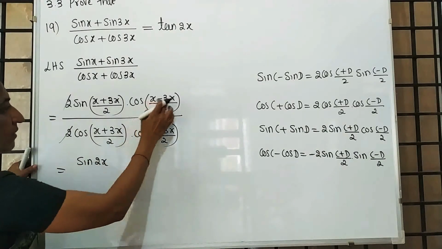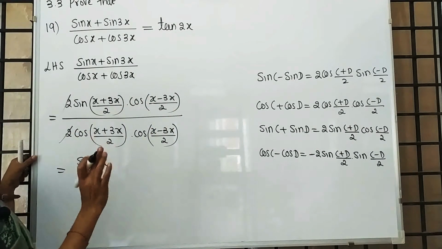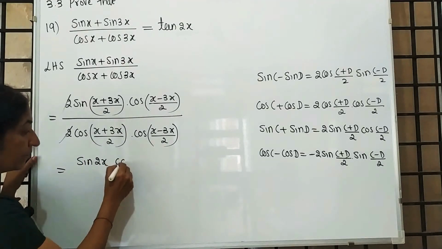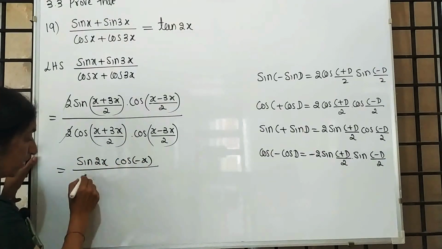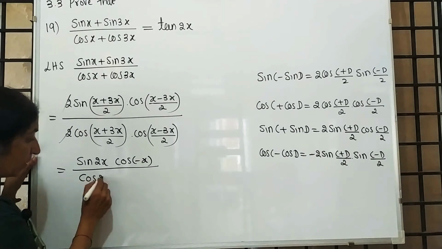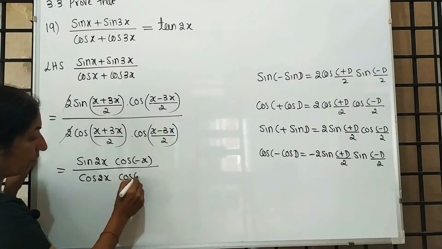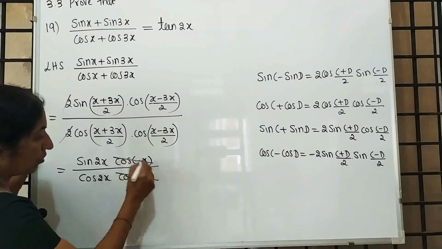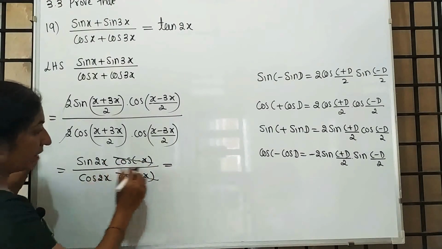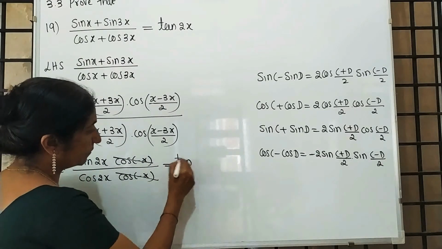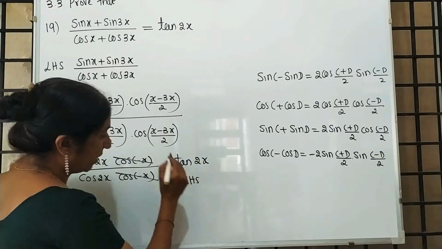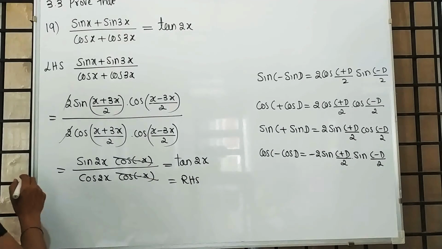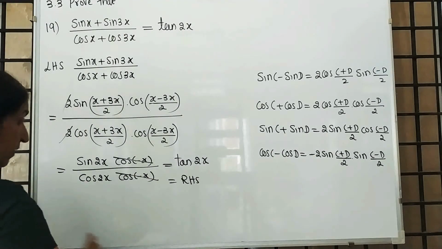And x minus 3x is minus 2x, minus 2x upon 2 is minus x: cos of minus x, divided by cos 2x into cos of minus x. Both cos of minus x get cancelled, sin by cos is tan. Tan 2x, that is nothing but RHS. Now moving to the next question, that is question number 20.